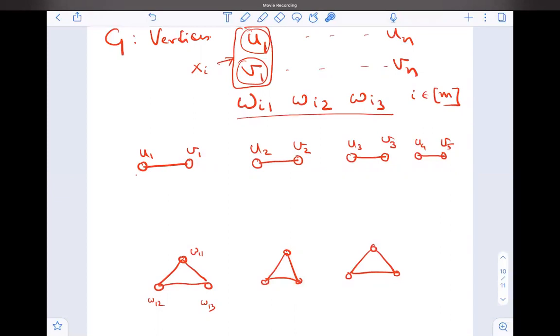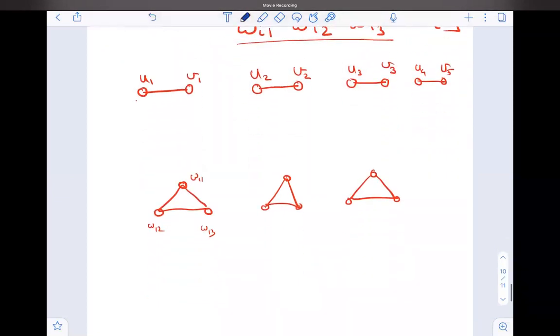So say this clause is x1 or x2 bar or x4.